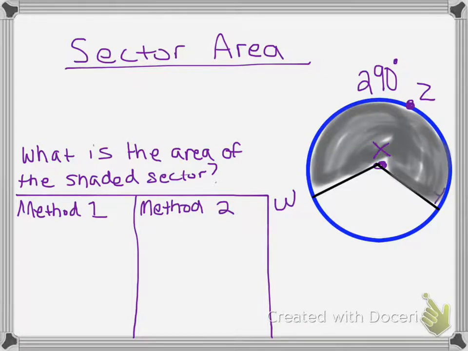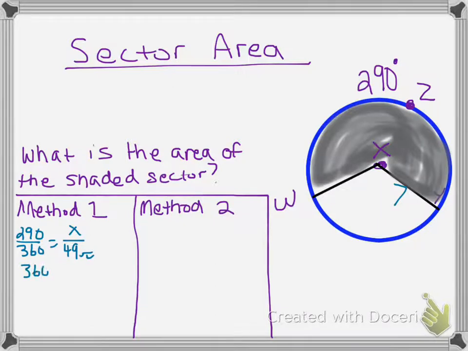Now, let's do an example of sector area. It's asking, what is the area of the shaded sector? Looking at it, I know that I've got to get this sector of WZY. For method 1, I'm going to do it the same way we did it in class, which is 290 over 360 is equal to the piece of the shaded area over the whole area. Let's say again that the radius is 7, so it's going to be 49 pi.